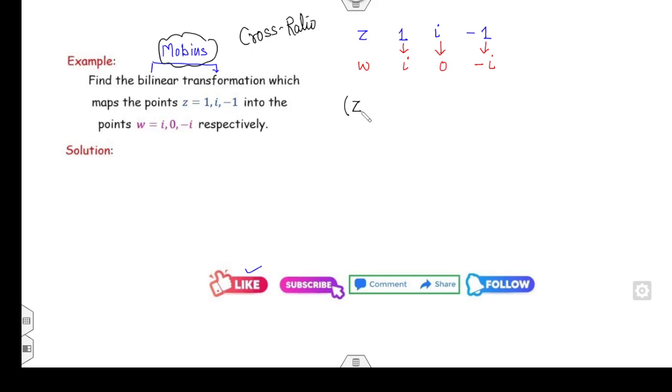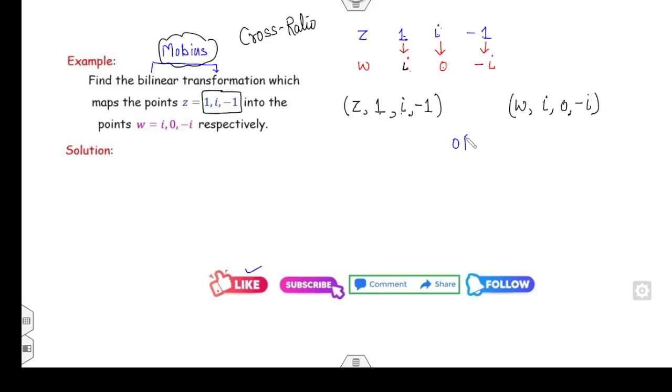Fine. So I can write the cross ratio like Z, because we need 4 complex numbers. The 3 complex numbers are given to you. The fourth complex number is unknown, so I can write Z, 1, iota, minus 1. Similarly, corresponding to the W, iota, 0 and minus iota.